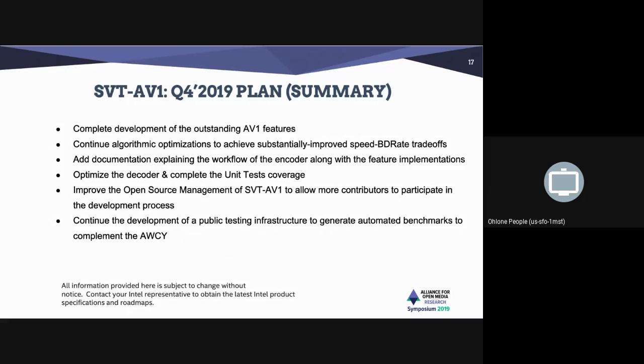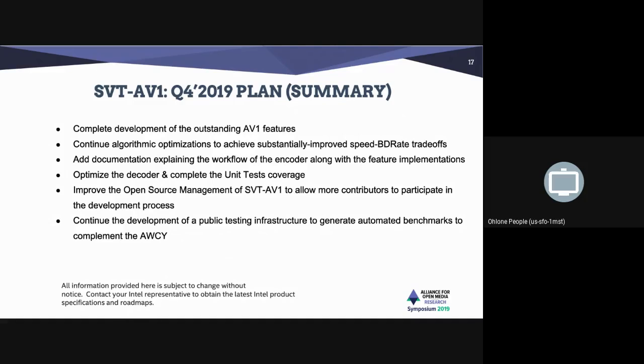For the rest of quarter 4, we are planning to complete the development of the outstanding AV1 features. We are also planning to continue the algorithmic optimization to achieve substantially improved speed bit rate trade-offs. We're also going to work on documentation, and we want to provide good documentation for all the encoder algorithms and workflow.